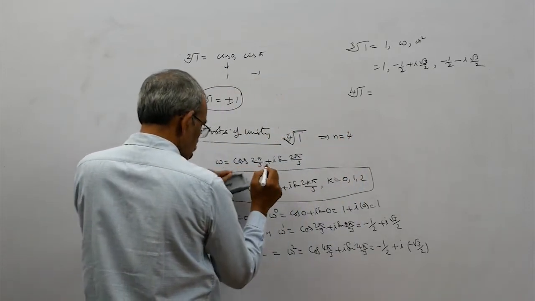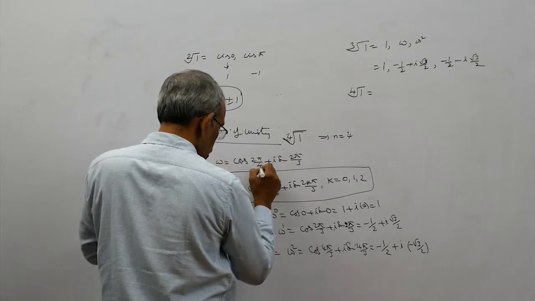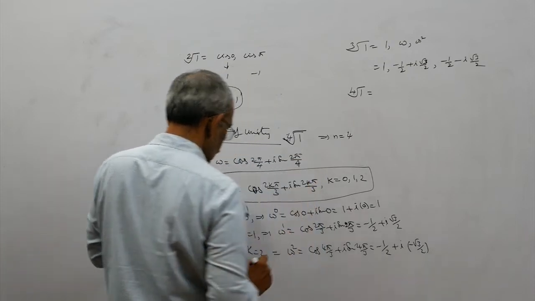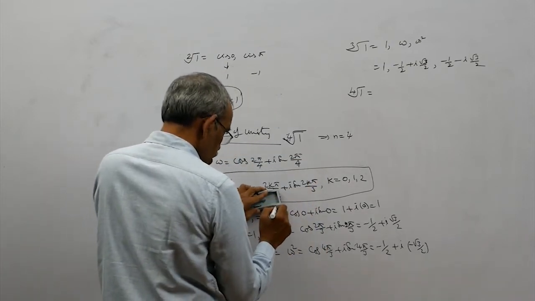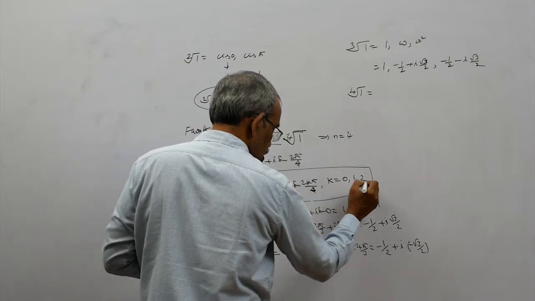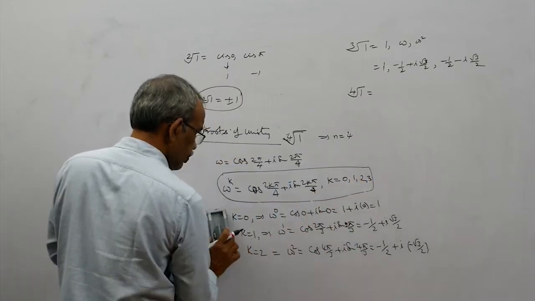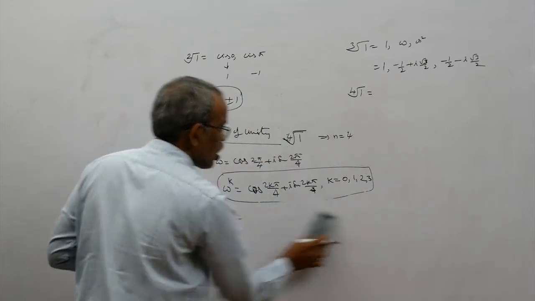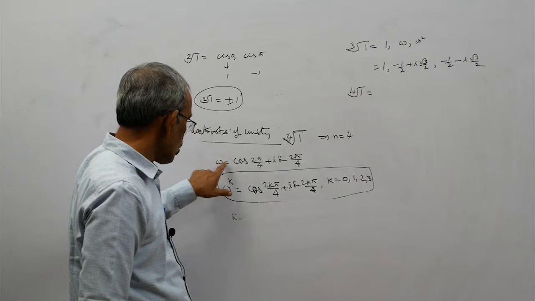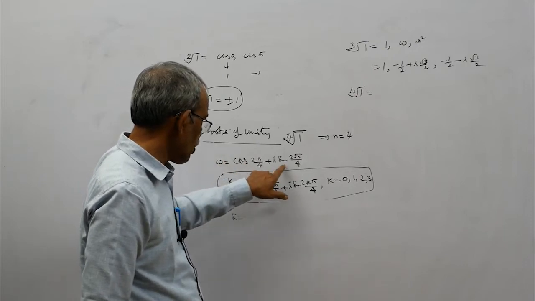Here omega equal to cis 2 pi by 4 plus I sin 2 pi by 4. Omega power k equal to cos 2k pi by 4 plus I sin 2k pi by 4, k equal to 0, 1, 2, 3. Like here omega equal to cos 2 pi by 4 plus I sin 2 pi by 4.